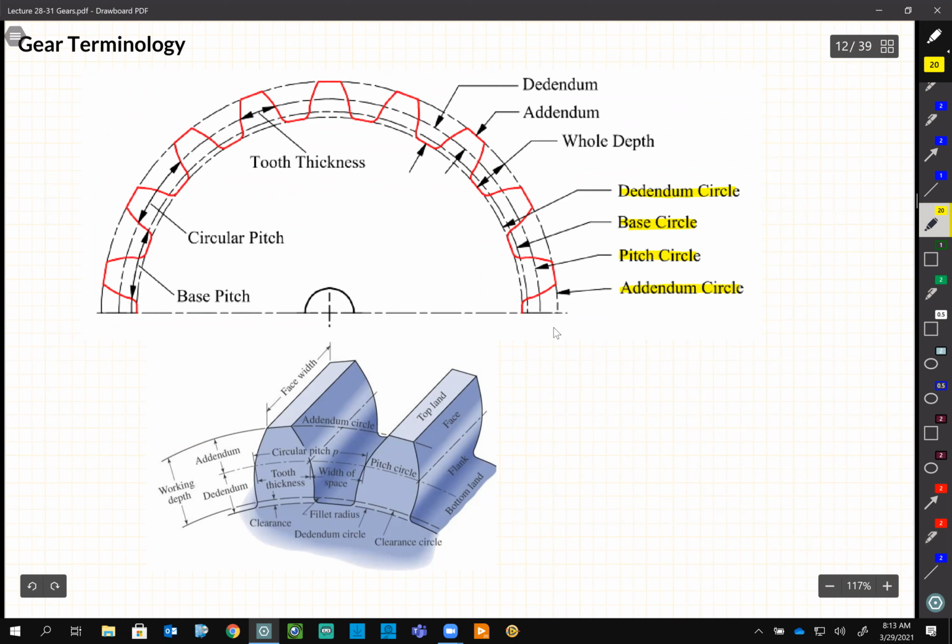It's easy to remember because with one you add something and with the other you deduct something from the pitch circle. That's why the distance between the pitch circle and the bottom is called the dedendum, and from the pitch circle to the outer edge is called the addendum, like add something or deduct something.